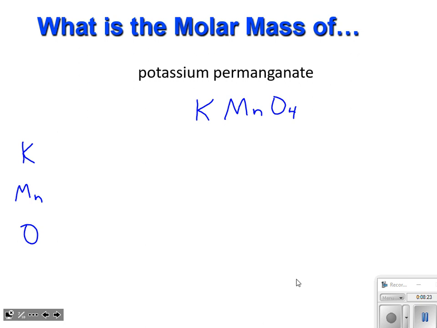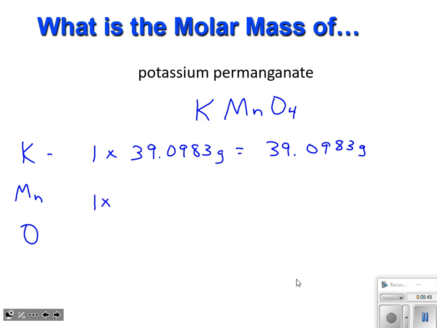Well, I know that in my formula, I have 1 potassium. Each potassium weighs 39.0983 grams. So my total of potassium is 39.0983 grams.